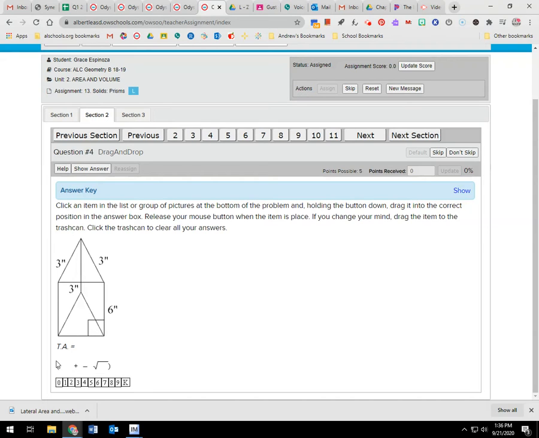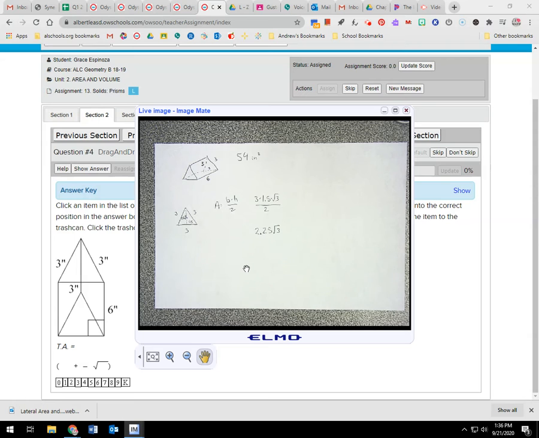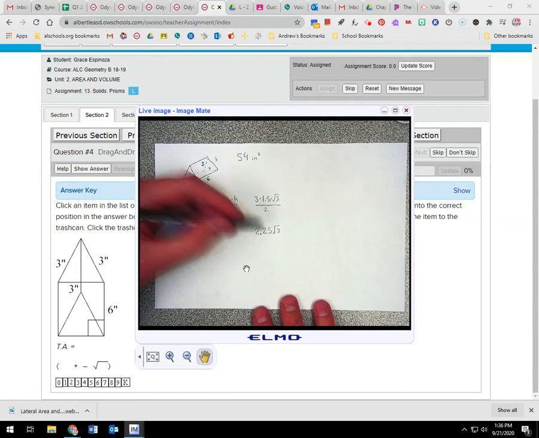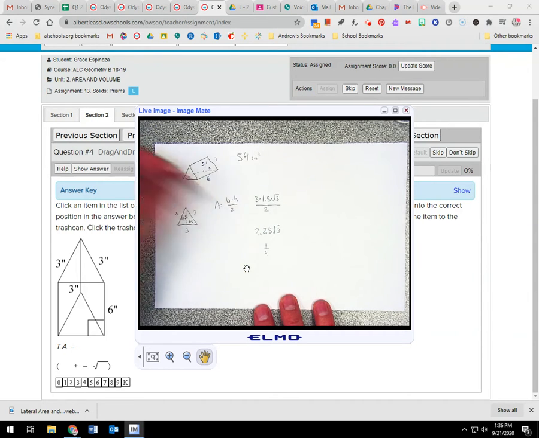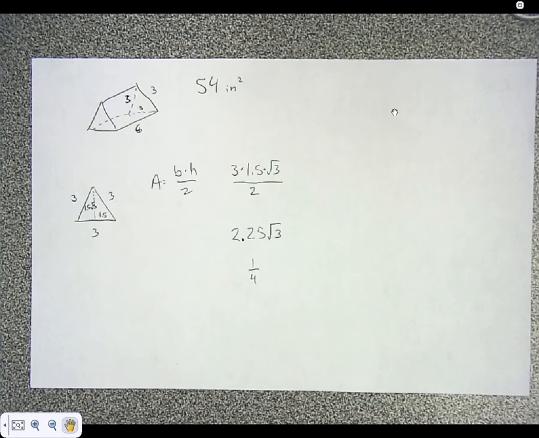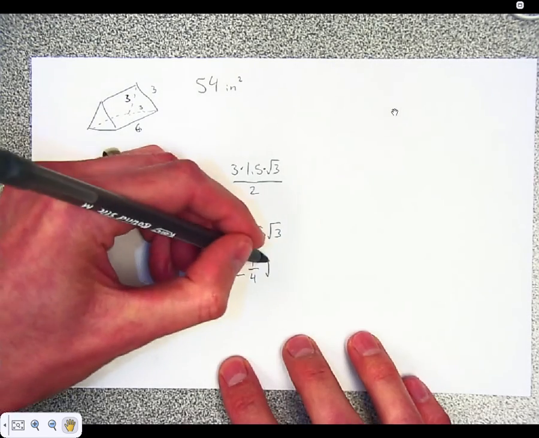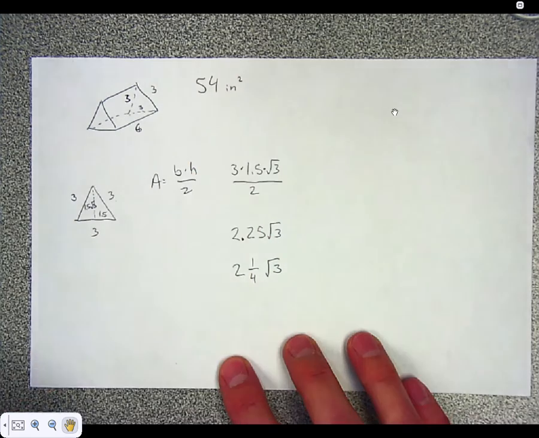All right. If you look down here at the answer, there's that square root of 3 area, but they've got a fraction here. They don't have a decimal. So we need to change this to a fraction. 0.25, that's the same as 1/4. 25 cents or 1/4. So that's 2 1/4, square root of 3.